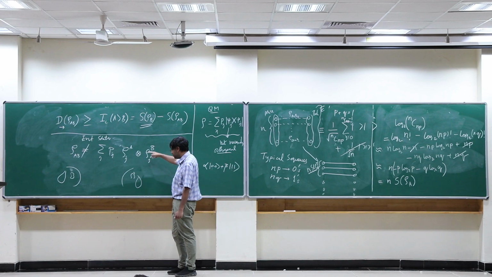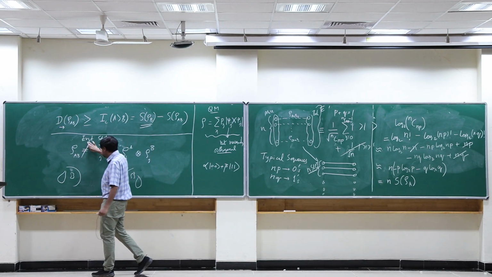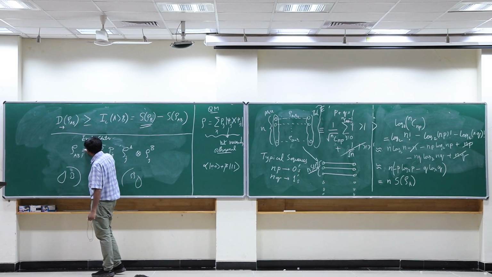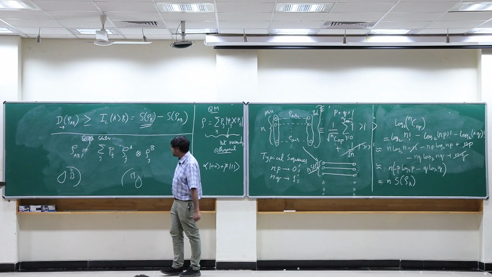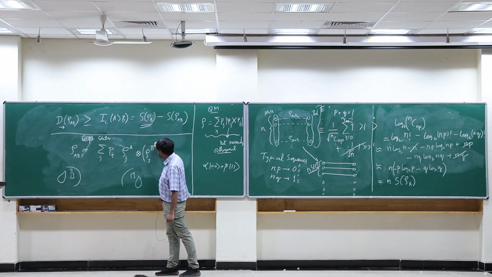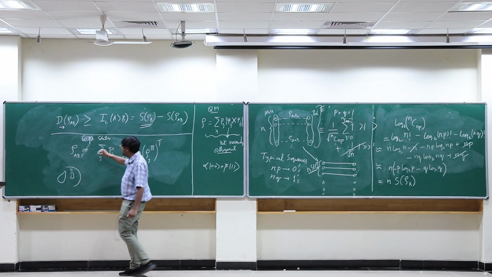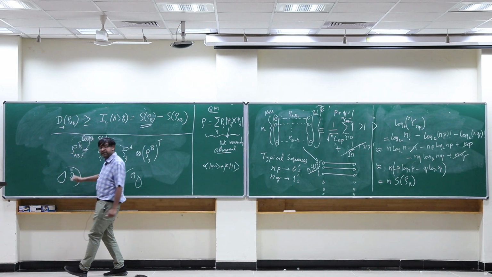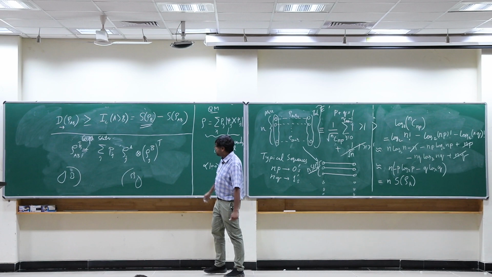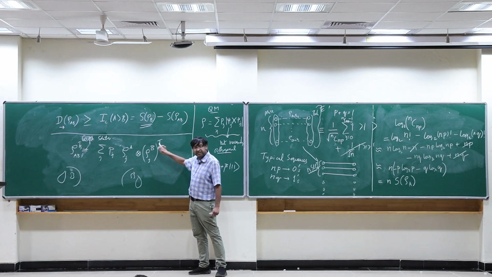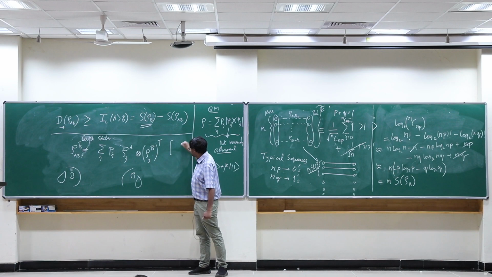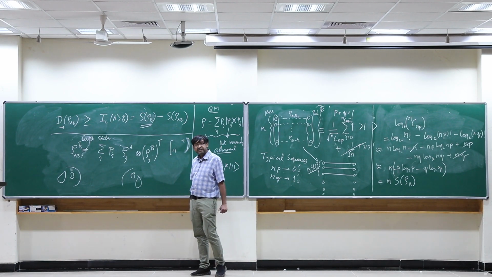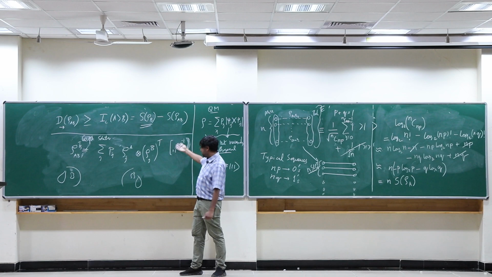I can tell the partial transposition. If it was a separable state, then you could just do transposition on this part, which is called partial transposition, and it still remains a density matrix. A partial transposition of a density matrix can at most change some i to minus i, but it still remains a density matrix.